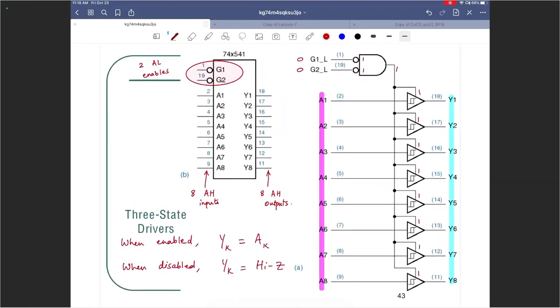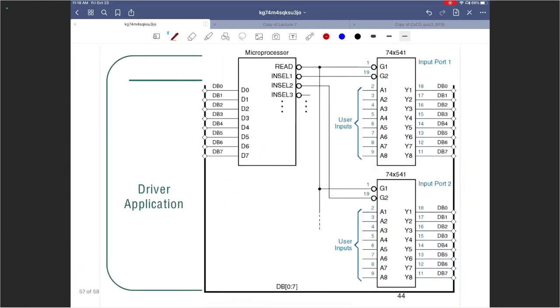All right, let's move on to the next one. Now this is how you can use 2 of the same chips. These are 74X541, 74X541. So there are 2 of them. There is a microprocessor that is able to control whether these tri-state drivers are active or not.